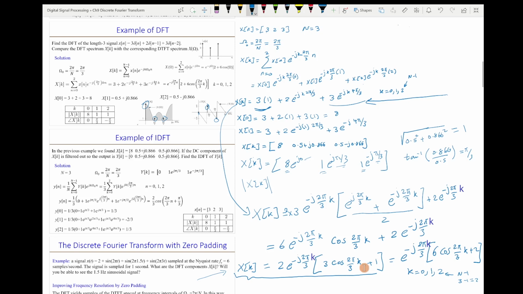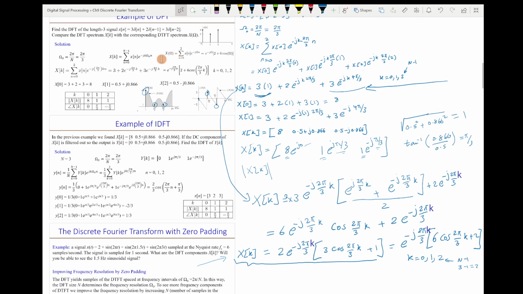Now just to link the discrete Fourier transform to the discrete time Fourier transform, which is this equation, if I try to find the discrete time Fourier transform for this signal x of n, basically finding x of omega, I carry out this definition and I will get this one here.